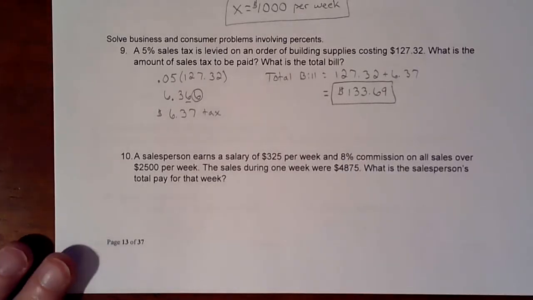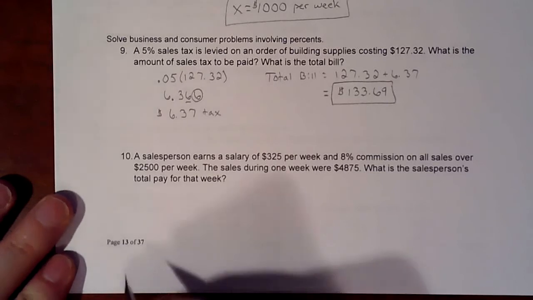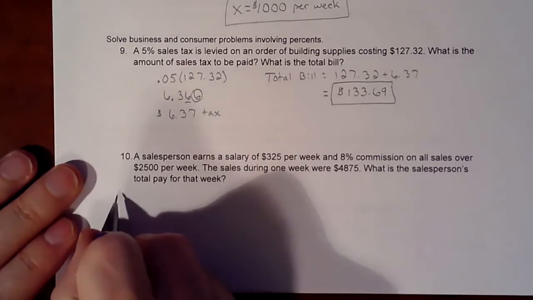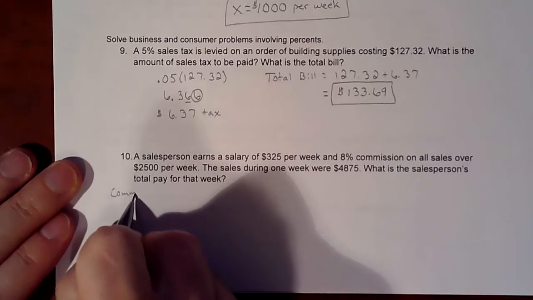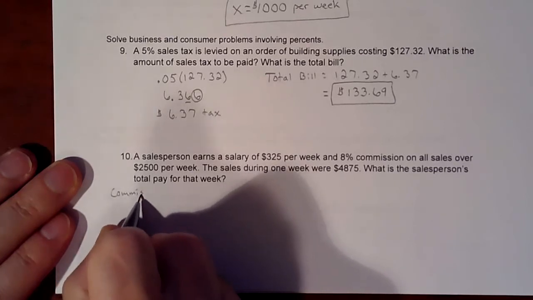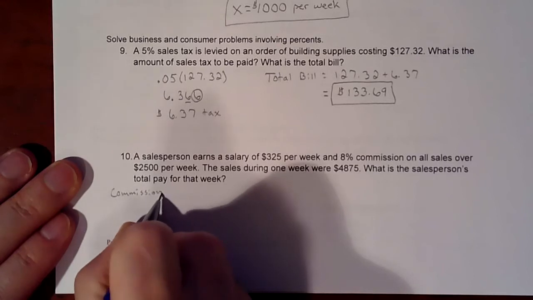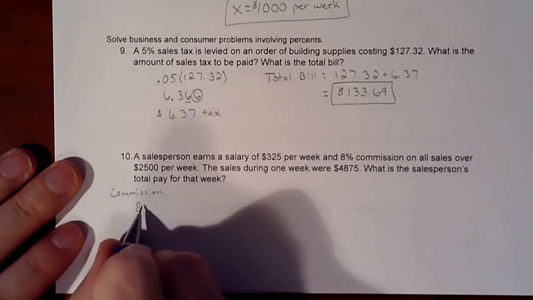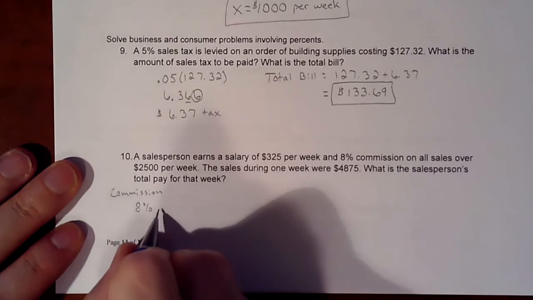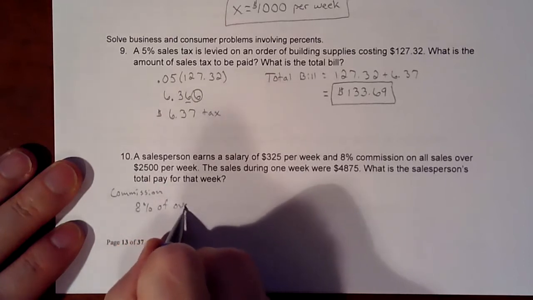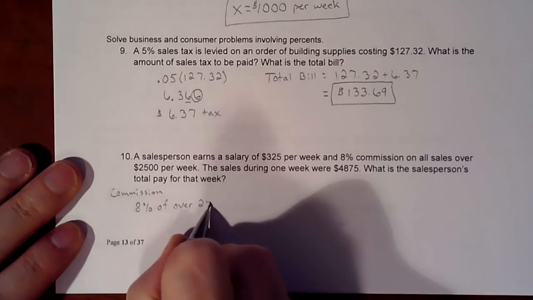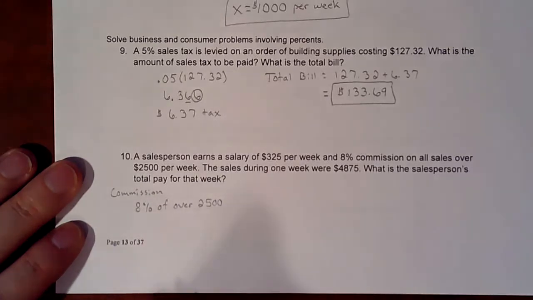What's the total pay for that week? Okay, so kind of make sure that we understand that our commission that we are going to earn, okay, is going to be 8% of the amount over 2,500. It's got to be over.